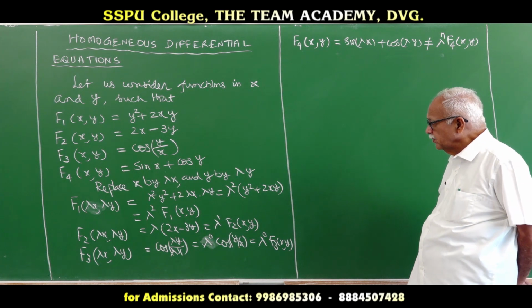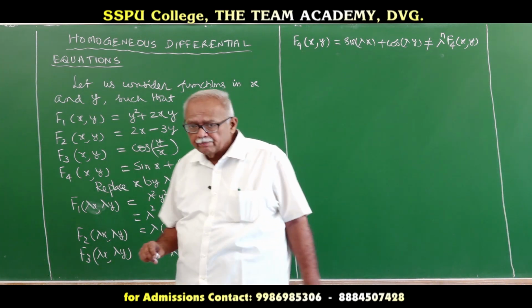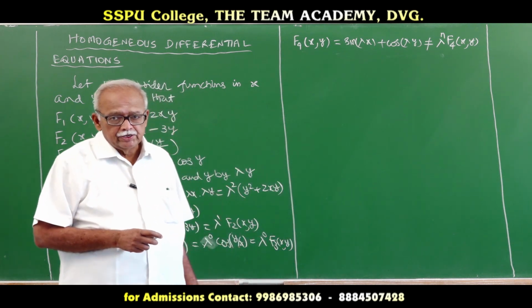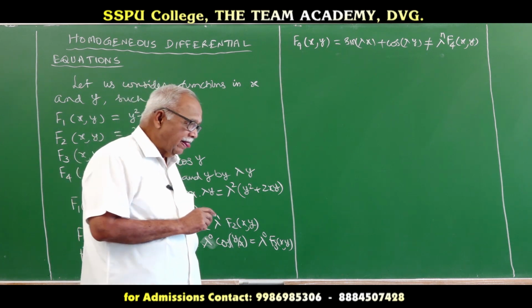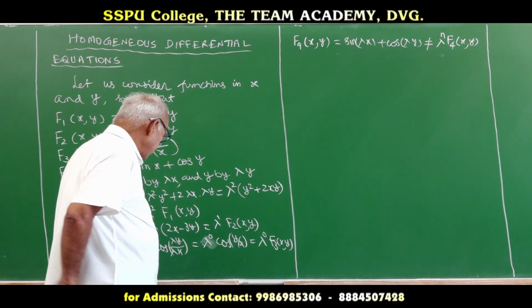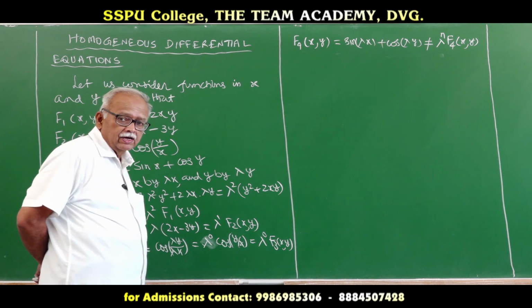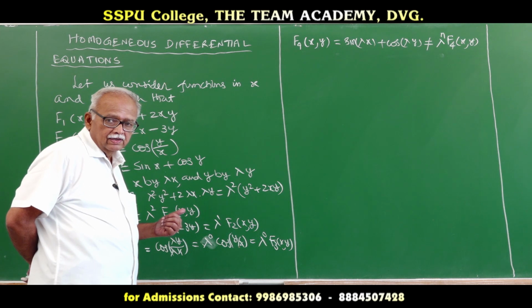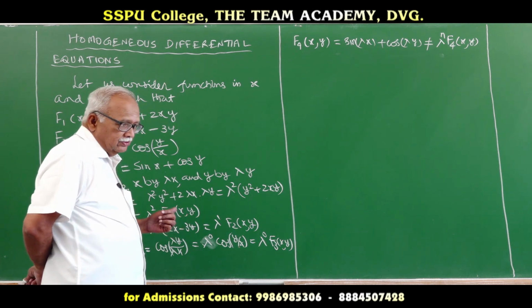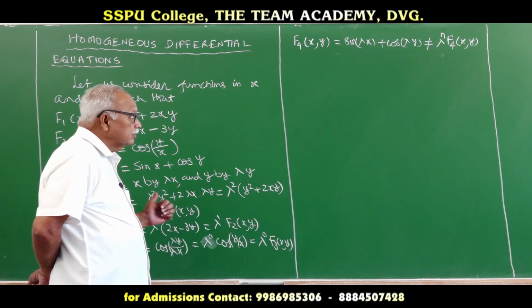Now, a function f of xy is said to be a homogeneous function if f of lambda x, lambda y is equal to lambda power n into f of xy. So, that function is called a homogeneous function.